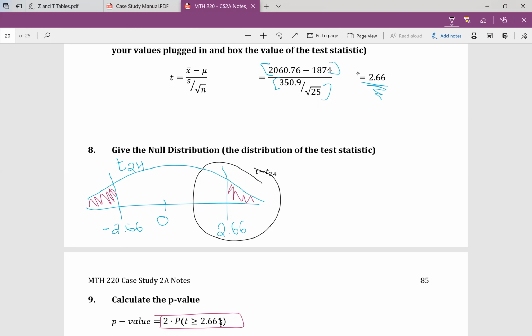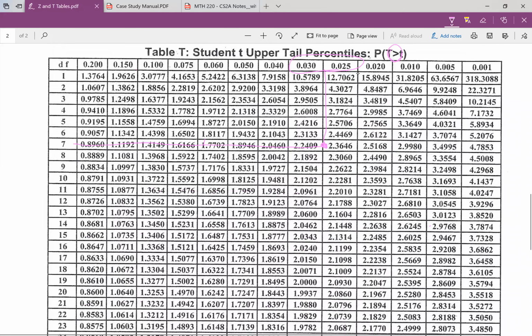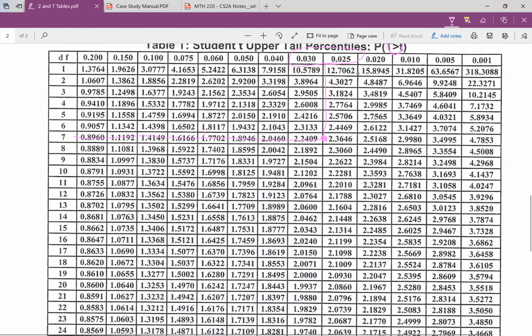So we're going to go to T24, 24 degrees of freedom. Let's zoom out a little. Here we are at 24 degrees of freedom, and we're looking for the number 2.66.